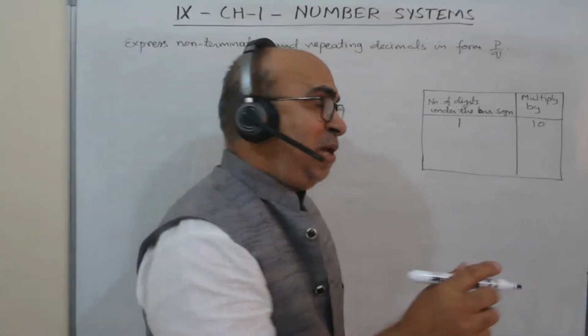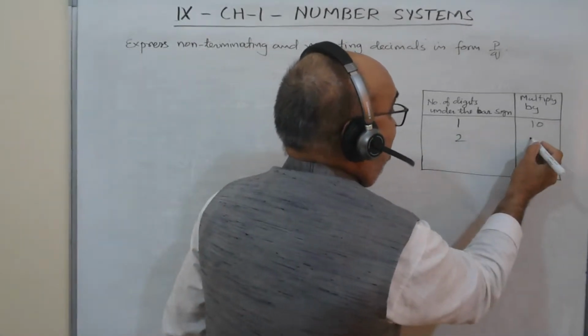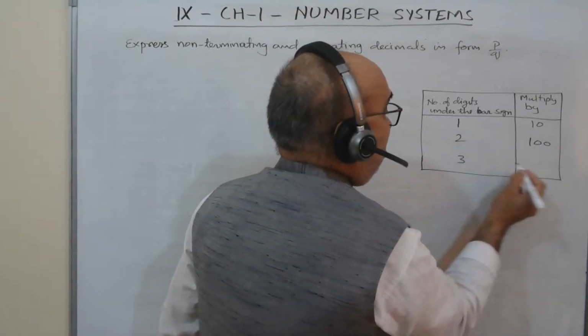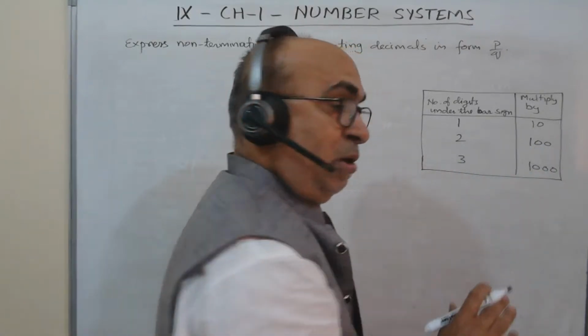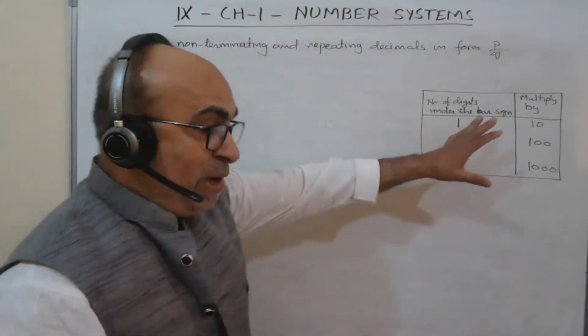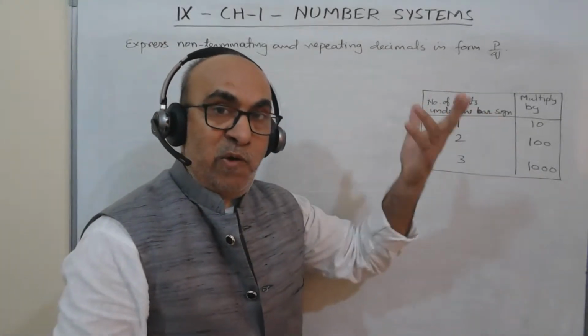If there are two digits under the bar sign, multiply by 100. If three digits, multiply by 1000. When I do the question, then you will understand where you have to multiply.